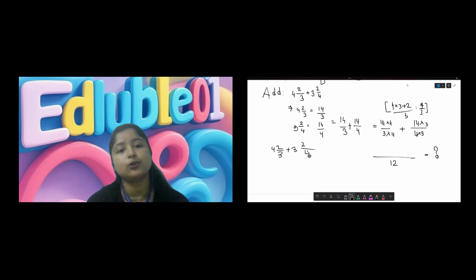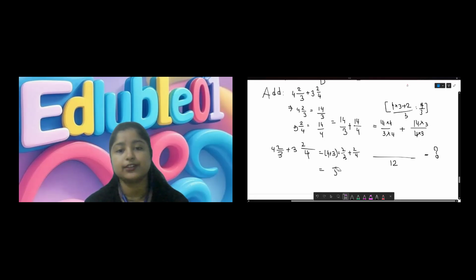Now just add the whole numbers, that's 4 plus 3, over 2 over 3 plus 2 over 4. Now we know how to solve this. 3 times 4, that's 12. Let me write the 12 directly.